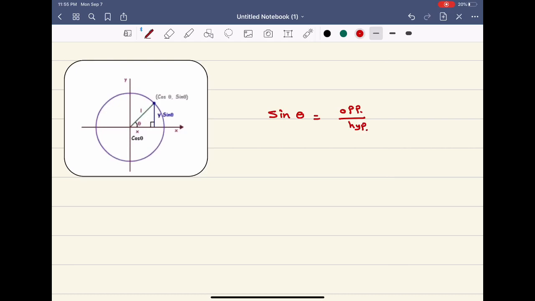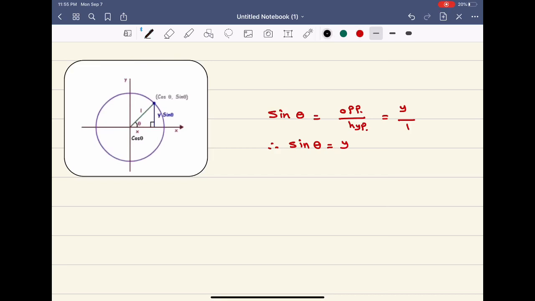And we know that the opposite side of angle theta is the length of y. Therefore, the opposite side equals y, and the hypotenuse is the radius length, equal to 1. Therefore, sine theta equals y.